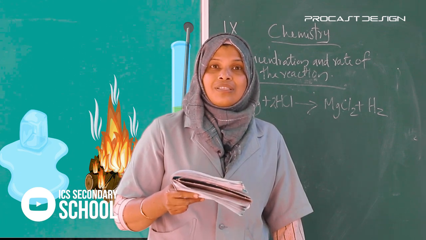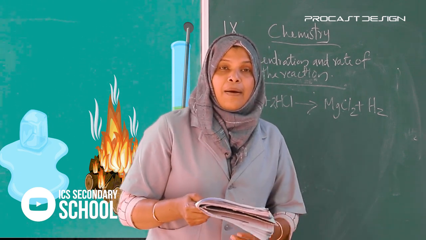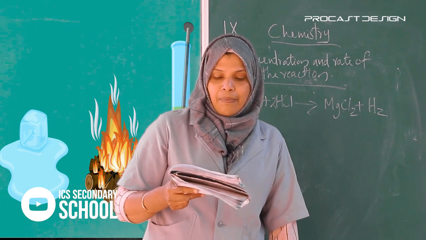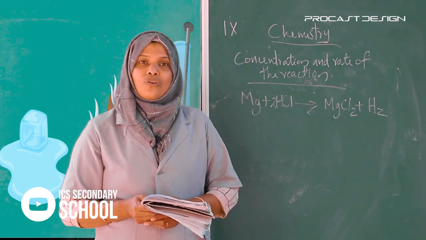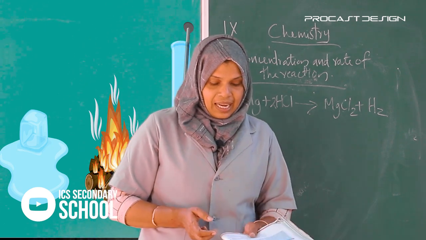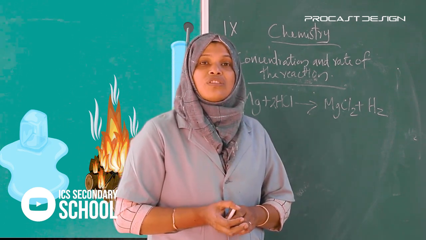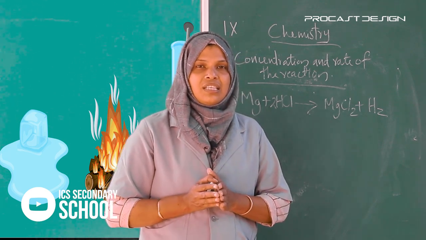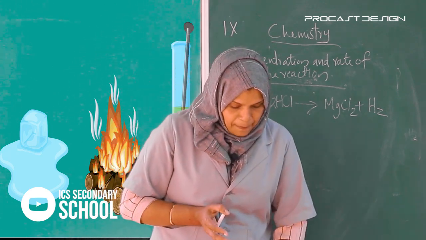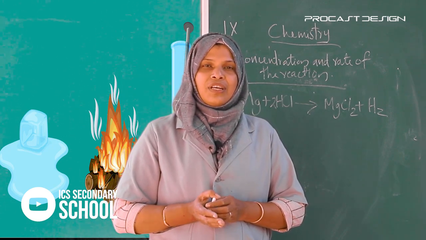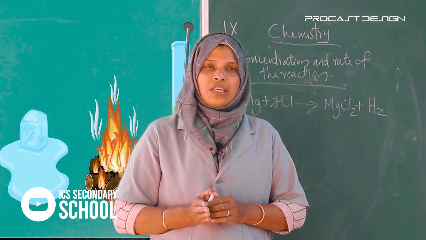Yes, as concentration increases, the number of molecules per unit volume increases, the number of effective collisions also increases, and the rate of reaction increases. When the concentration of the reactant increases, the number of molecules per unit volume increases and effective collisions also increase.